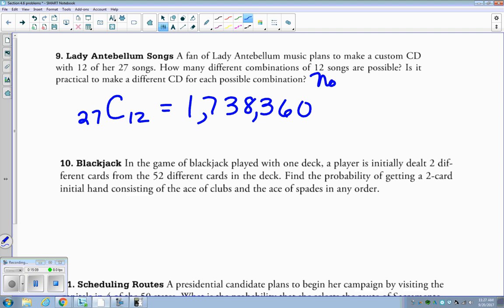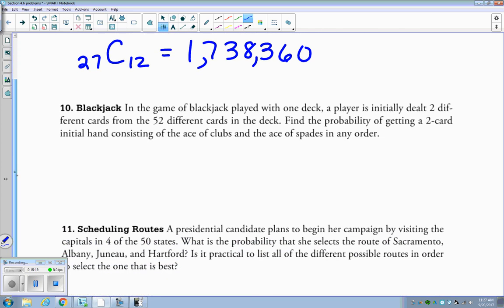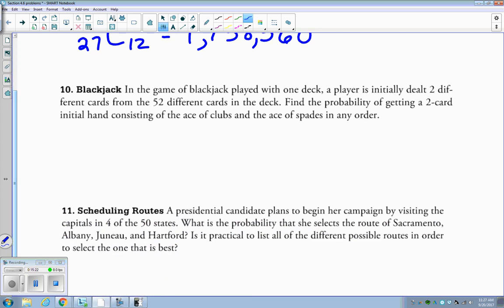Okay. This is the one that stumped a lot of you, and I completely understand why. Because if you've never played blackjack, you know, what happens in blackjack is that from a deck of 52 cards, everyone is dealt their first card.